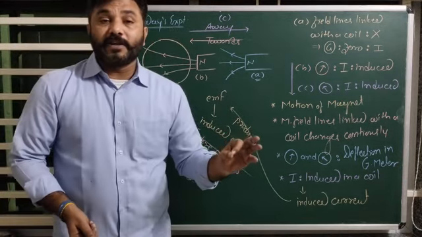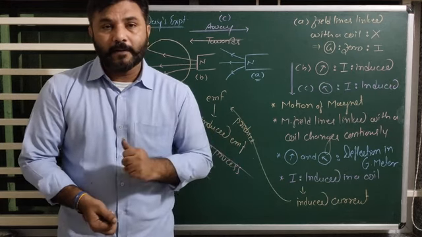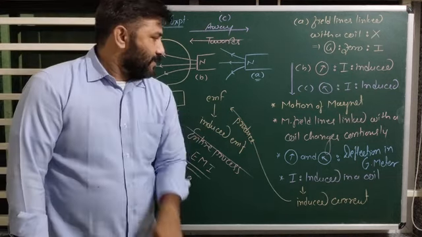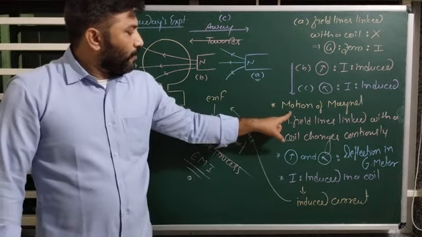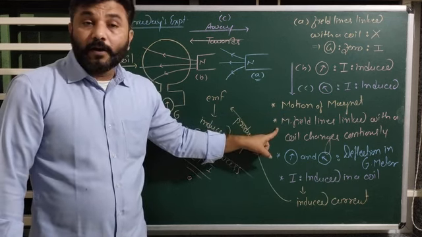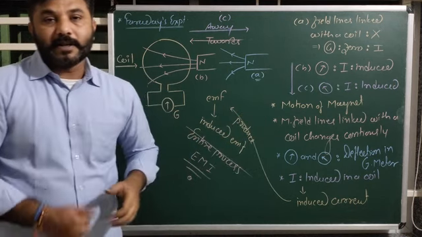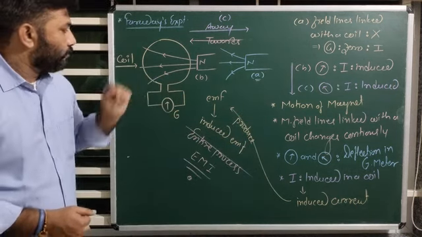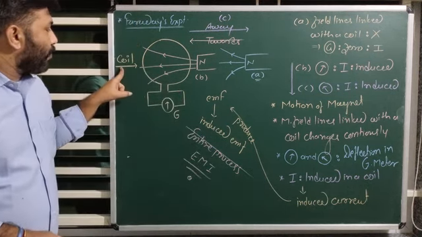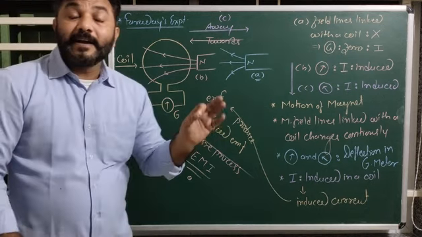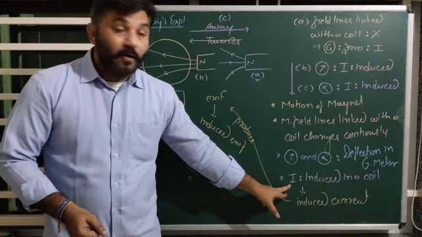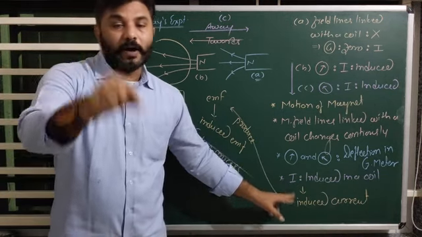Then after that you have to give the conclusion. You have to give the definition of electromagnetic induction. So the definition is very easy. Let us see. Due to the motion of a magnet, magnetic field lines linked with a coil change continuously. Due to the change in magnetic field lines linked with a coil, the galvanometer shows deflection. It indicates that electric current is produced or induced in a coil.